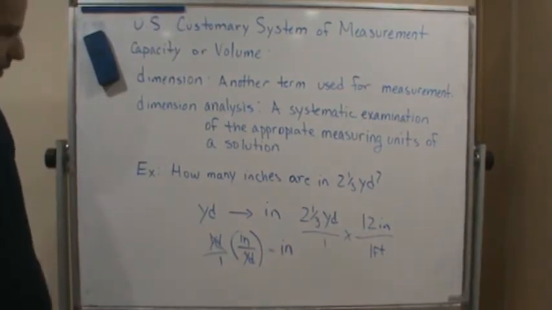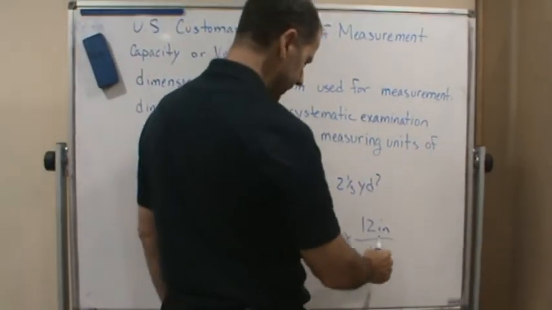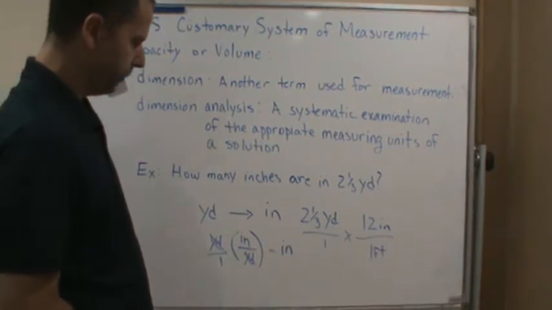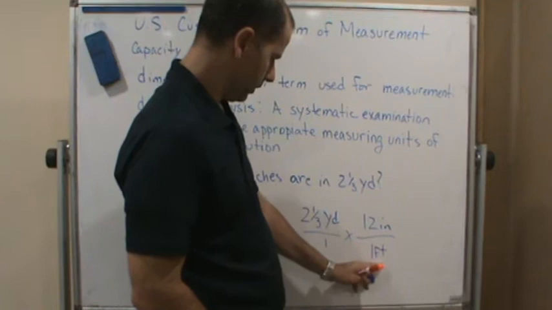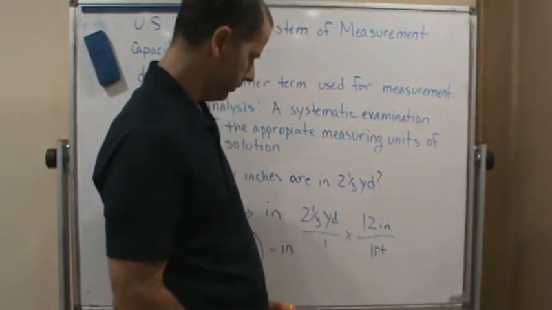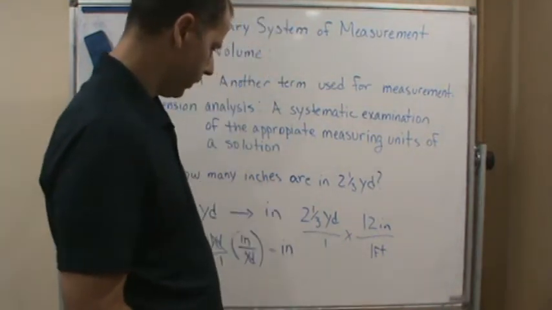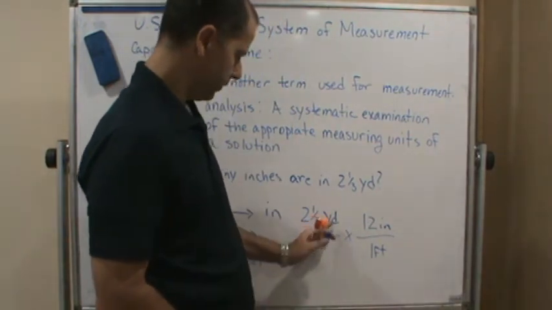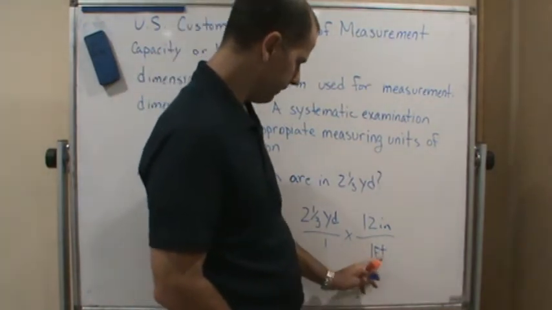Now, that really doesn't help us by itself. What do I need? I need something that's going to cancel with feet, and with yards. So I still need something that relates yards on the bottom, and now feet on top.